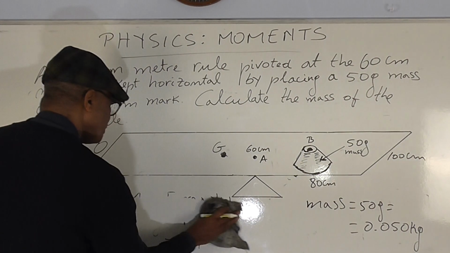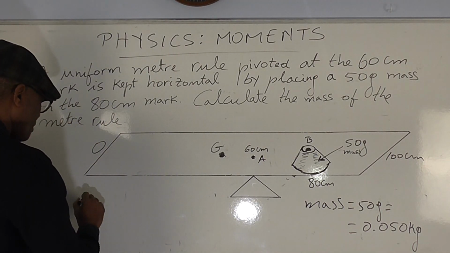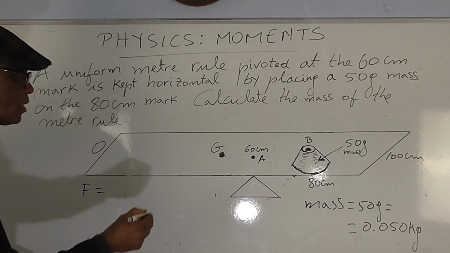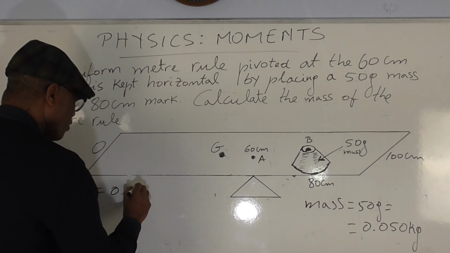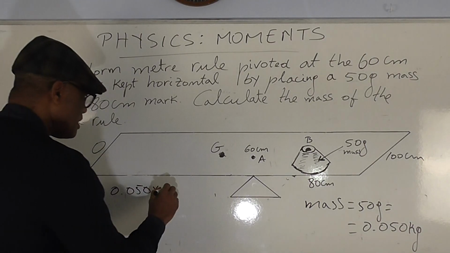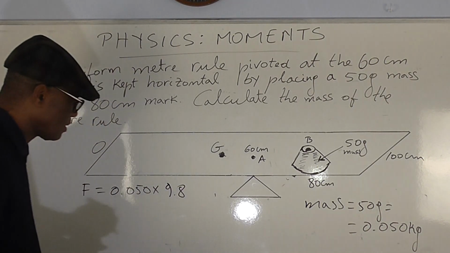So force is equal to mass, that is 0.050, multiplied by acceleration due to gravity, g, which is 9.8.